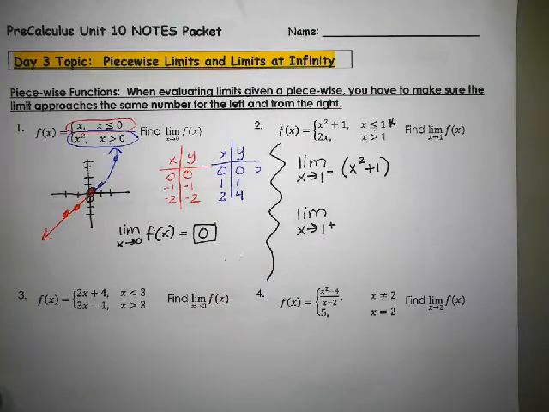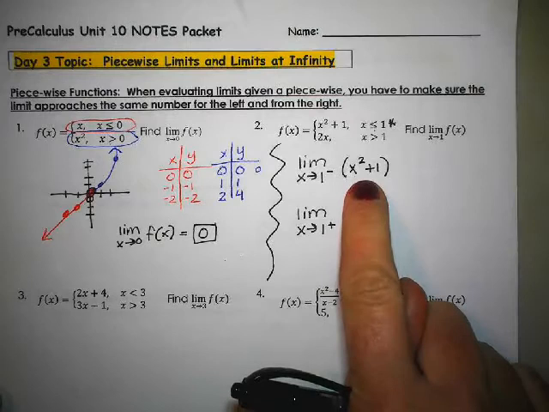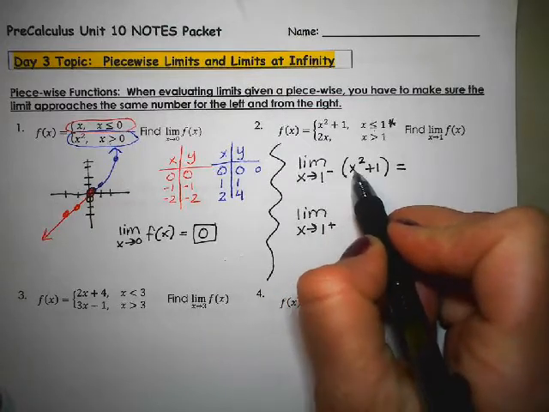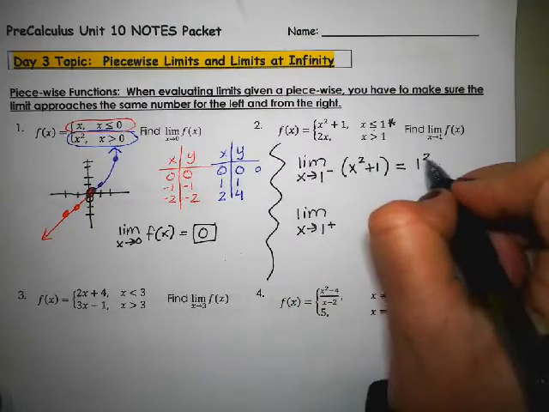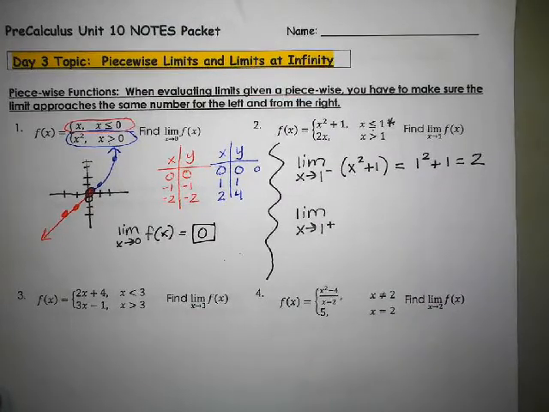That's my top function, or the function on the left. Make sure notation-wise that you're writing it there. Don't start plugging in yet. And now I'm going to say equals, and I'm going to just plug in the number 1 in for x, 1 squared plus 1, and I get 2. My left-hand limit's 2.